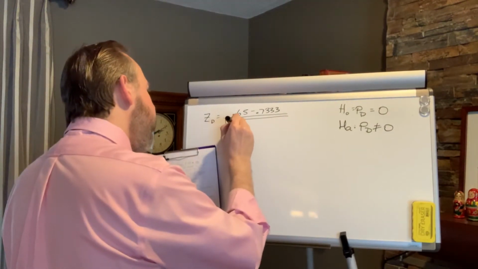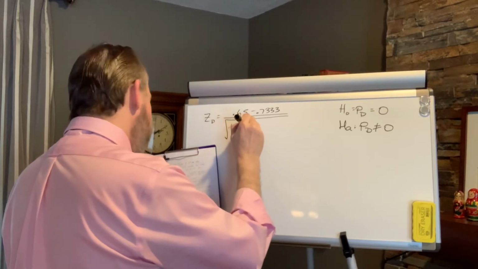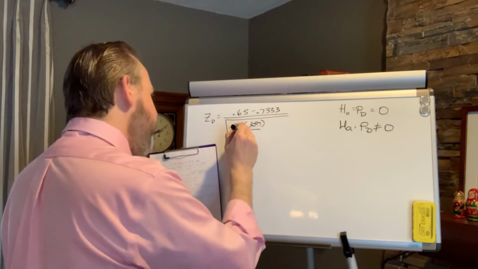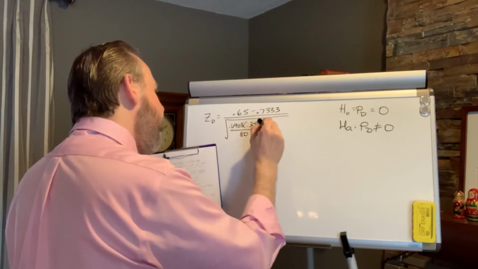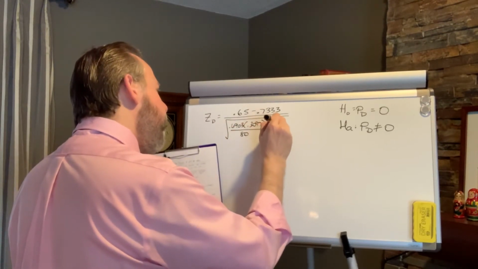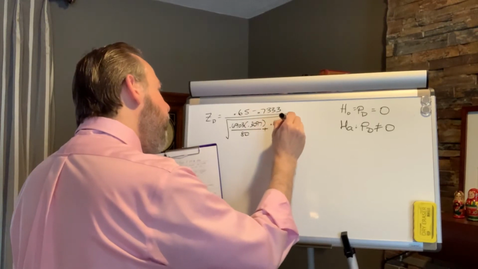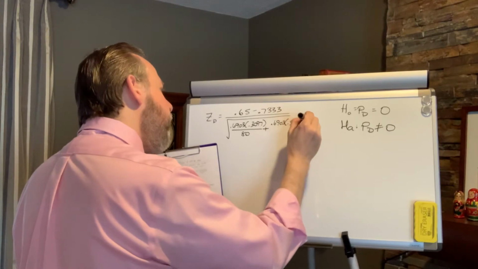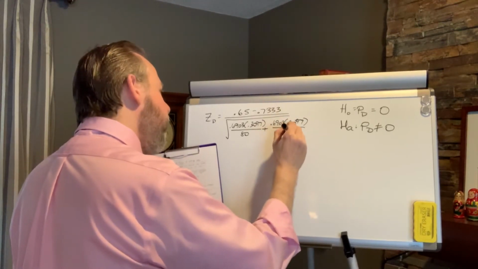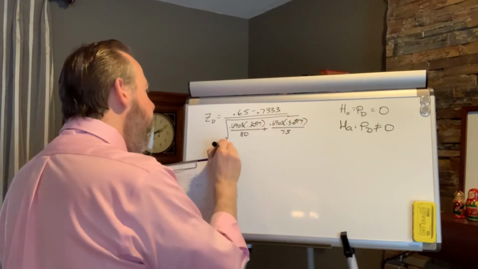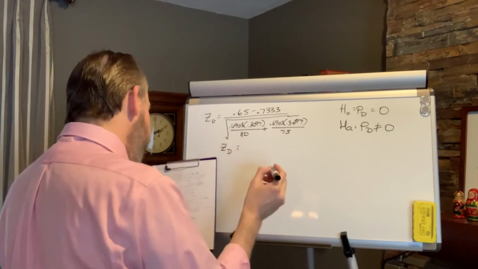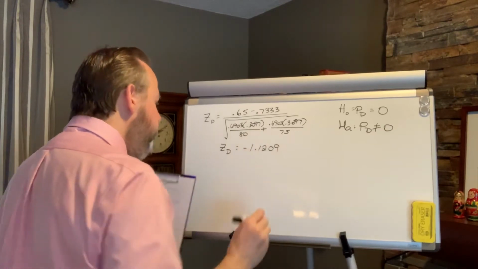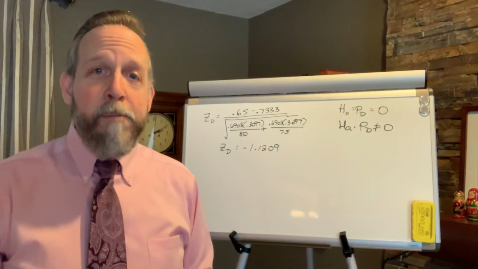They were 0.6903 times 0.3097 over the first sample size of 80, plus the exact same numerator, 0.6903 times 0.3097 over the second sample size, 75. That tells me my z-score for the difference is negative 1.1209.